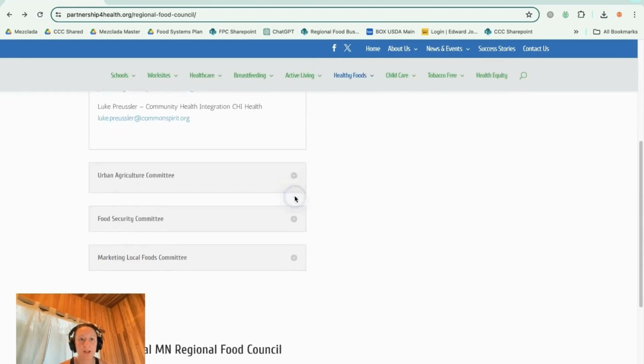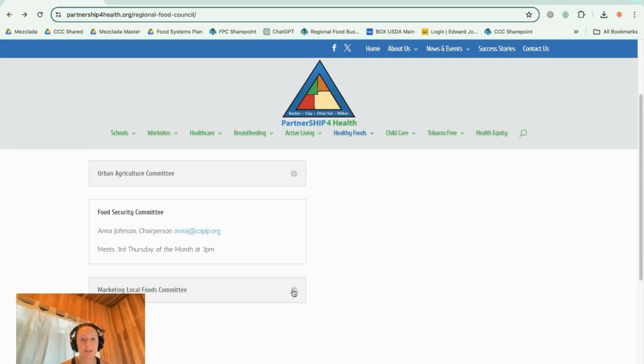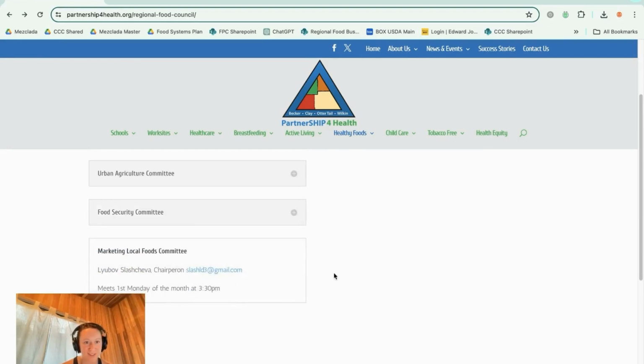So we have stipends that we pay our members in order to help keep their time somewhat compensated, right? We can't pay them for every hour, but we do recognize that their time is valuable. And so these people are responsible for meeting once a month.